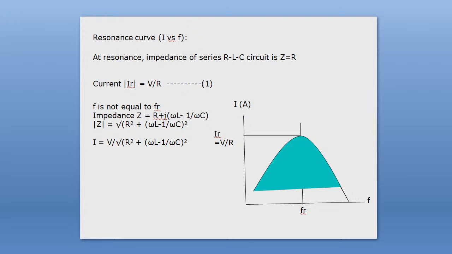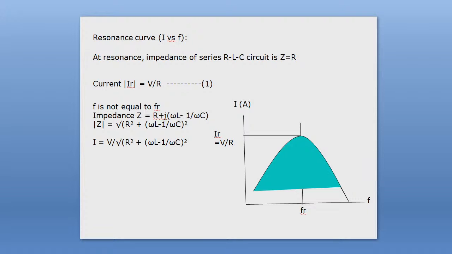If you draw the curve of current versus frequency, then you will get the maximum current at F equal to FR, resonant frequency, because I equals V by R; only the R term is present in our circuit. But at any frequency other than resonant frequency, the current depends on the supply voltage magnitude as well as the impedance of your circuit.